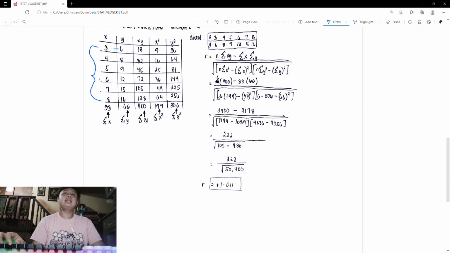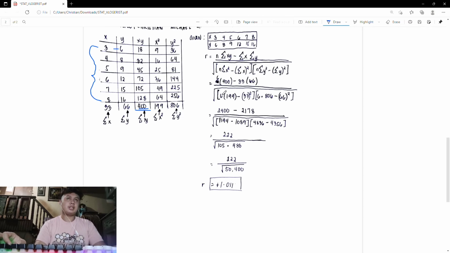So let's substitute the values. n is 6 because we have 6 given values. 400 is the summation of xy, minus the summation of x, which is 33, times the summation of y, 66.